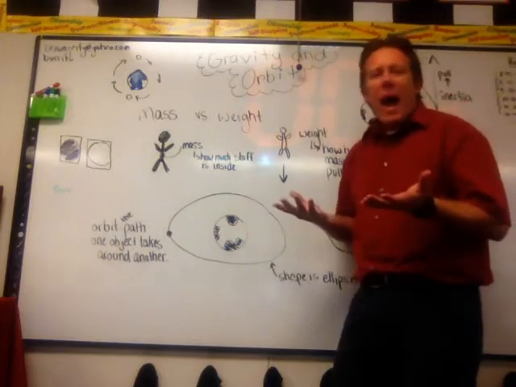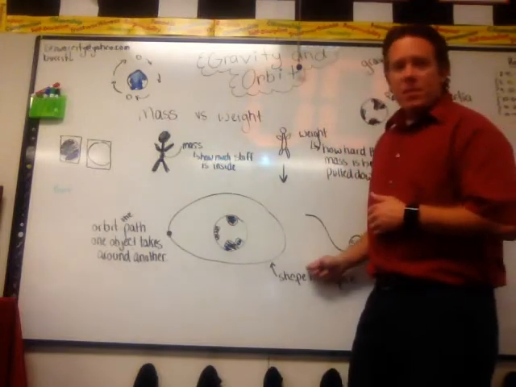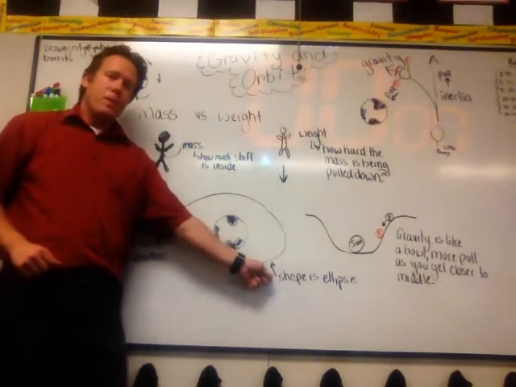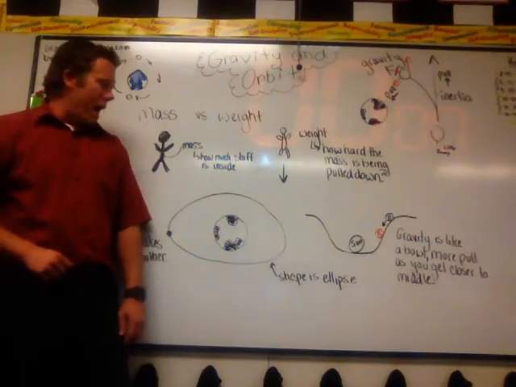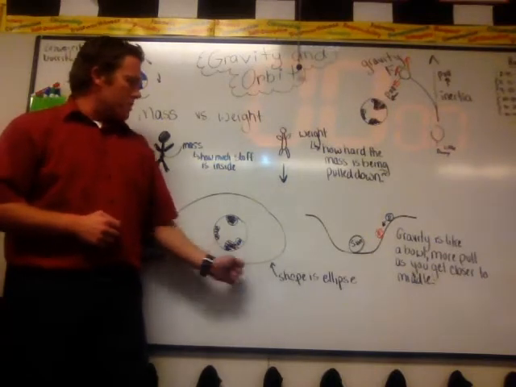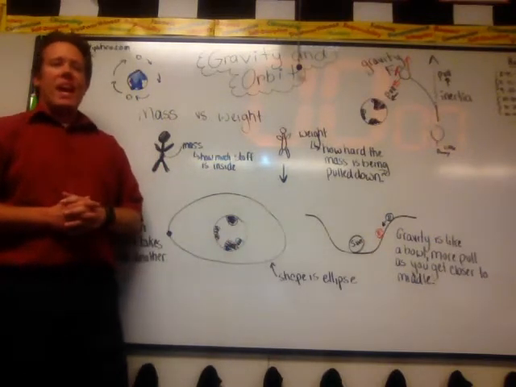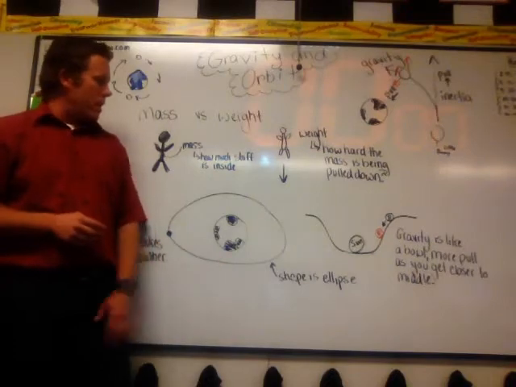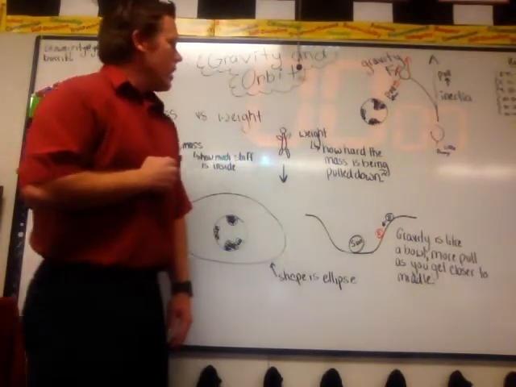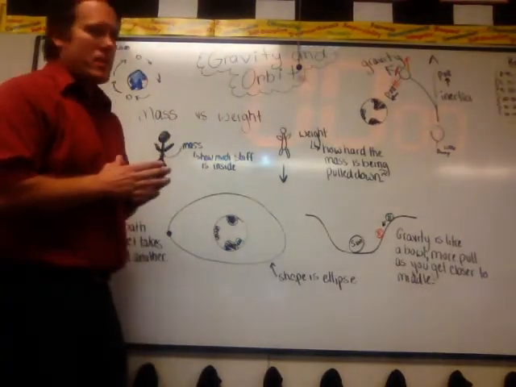Well, what kind of path? Ellipse answers that question. An ellipse is the shape, the kind of path or orbit the object is taking. An ellipse is usually kind of like the shape of an egg. So you need to know that planets orbit other planets in the shapes of ellipses.